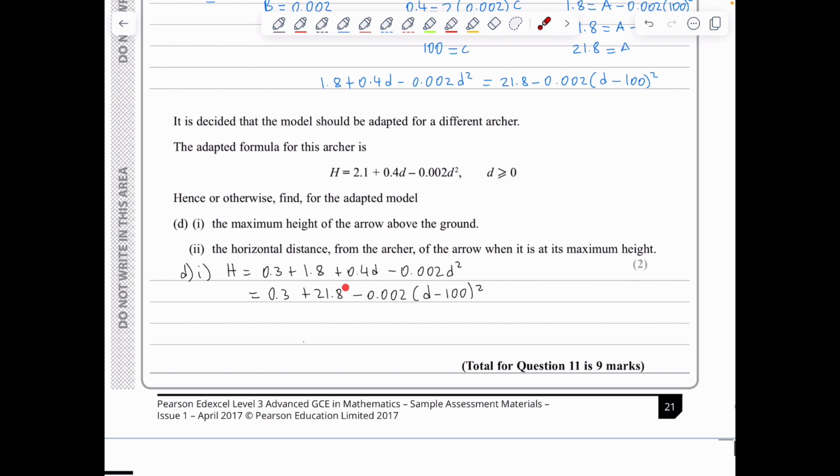So essentially, we are from 0.3 plus 21.8 and lower. So the maximum height, which I will call H max, is simply going to be 0.3 plus 21.8, which gives an answer of 22.1 meters. And the horizontal distance at which this will be attained will be at 100 meters.